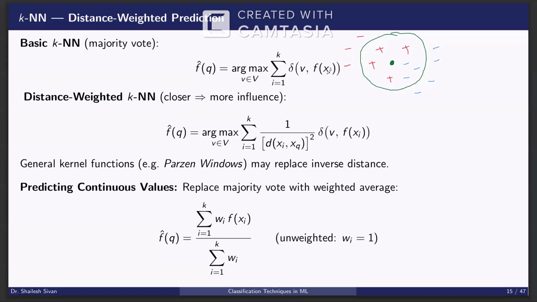So what is this delta of v comma f of xi? How can we understand this?